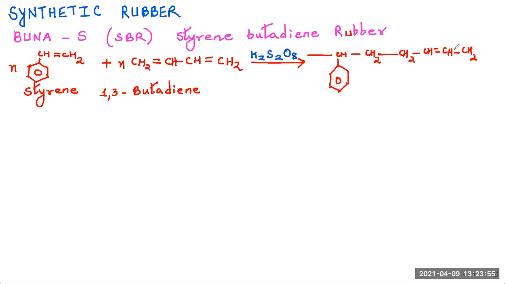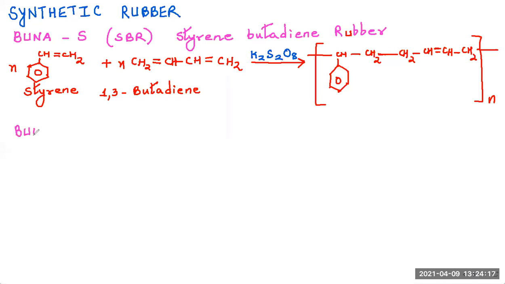One is here, so it breaks to form 2 sigma. And what is the name of this? Nice, SBR. I hope it's clear.